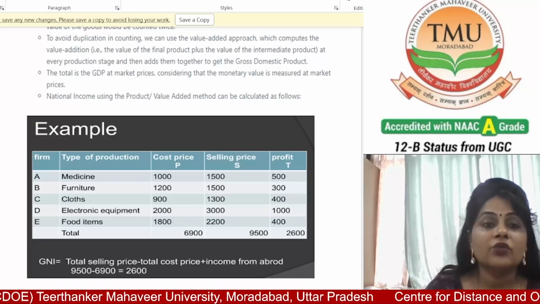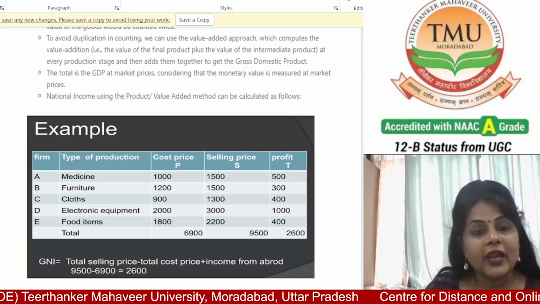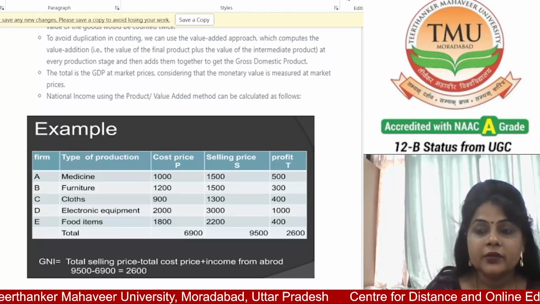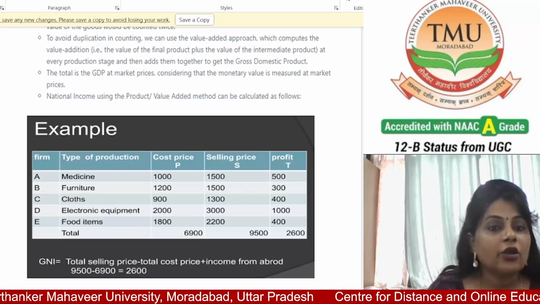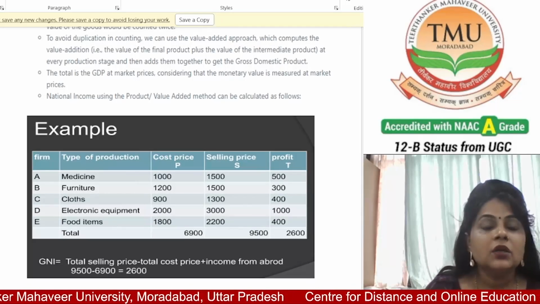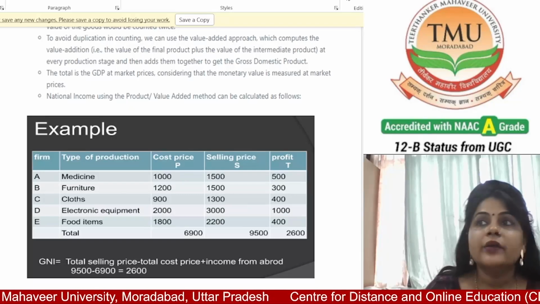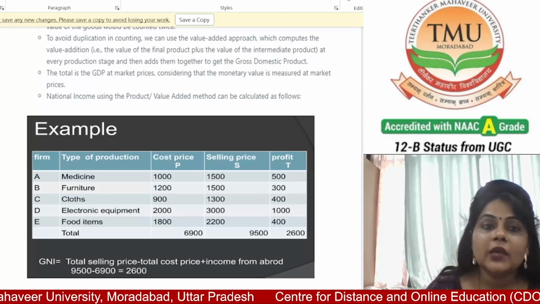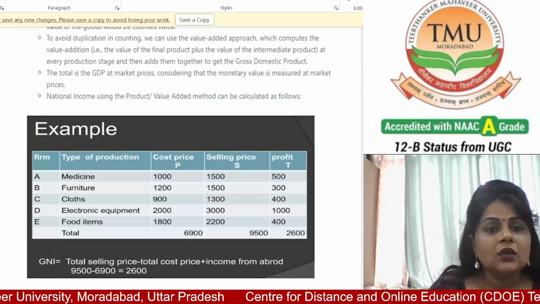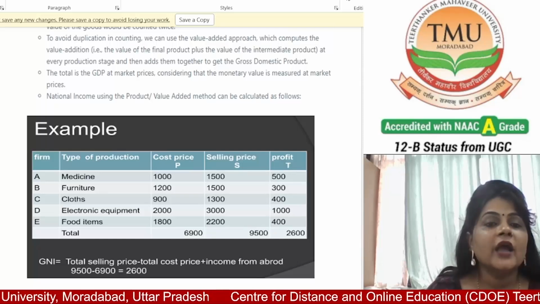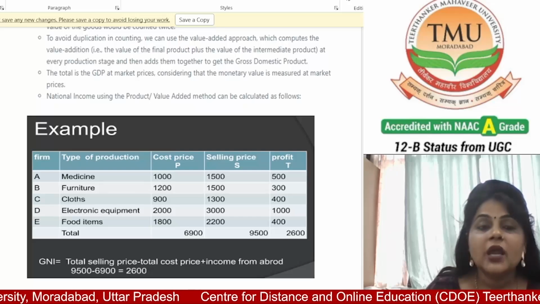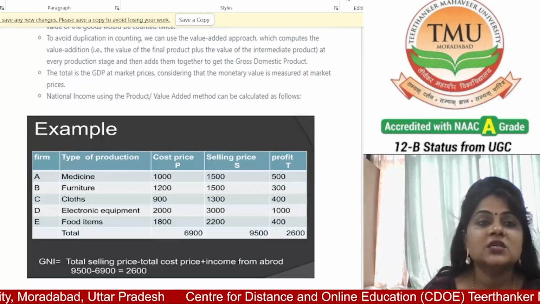In India, these include the following items: agriculture and allied services, mining, manufacturing, construction, and the supply of electricity, gas, and water, transport, communications, and trade, banking, real estate and ownership of dwellings, business services, and public administration, defense and other services or government services.